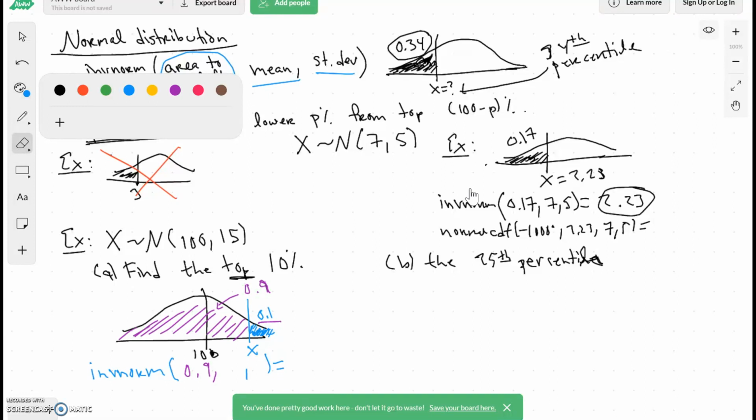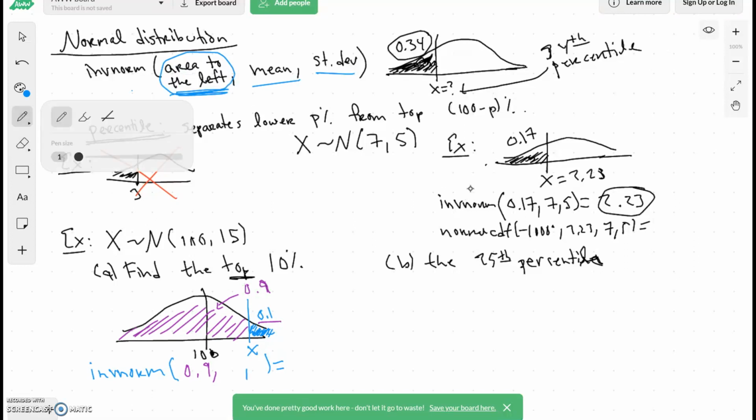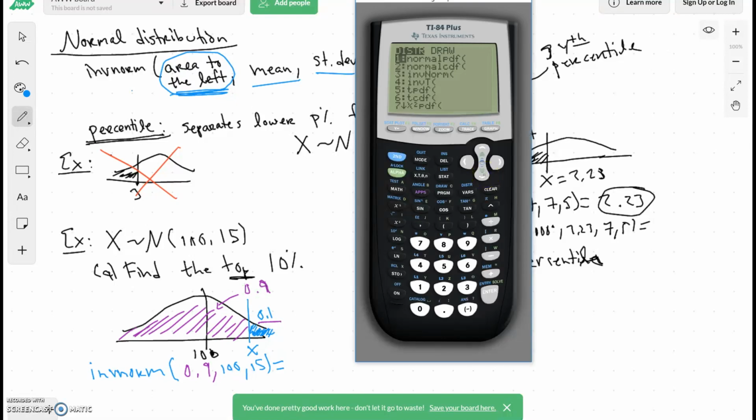What we have instead is that the mean is 100. That's where we got something wrong. The mean in this case is 100, and the standard deviation is 15. Okay, inverse normal: 0.9, 100, and 15.